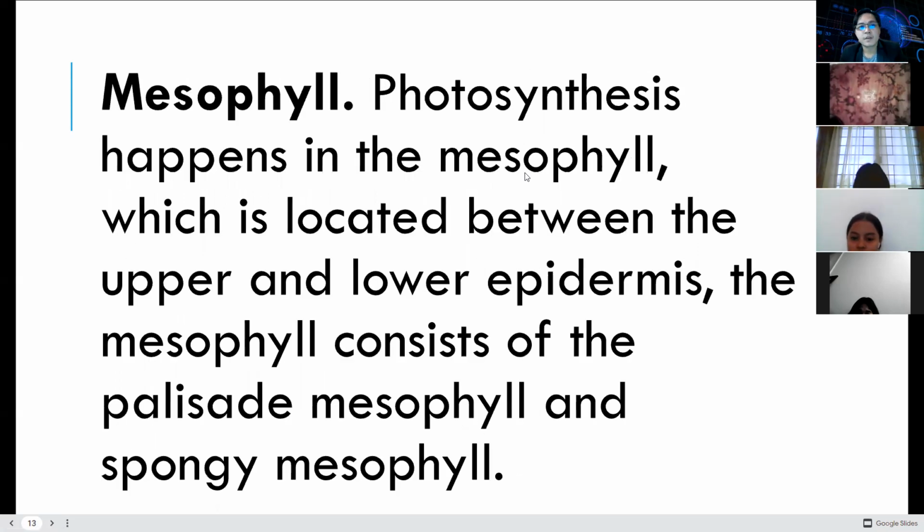Mesophyll. Photosynthesis happens in the mesophyll, which is located between the upper and the lower epidermis. The mesophyll consists of the palisade layer or palisade mesophyll and a spongy mesophyll. Palisade is in the upper, the lower is spongy.